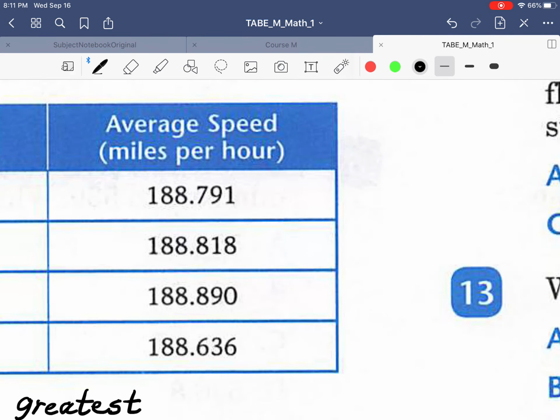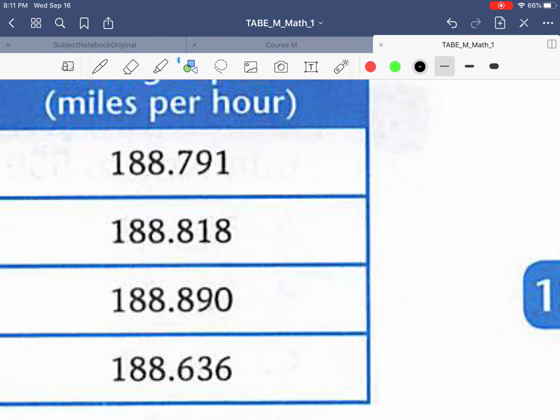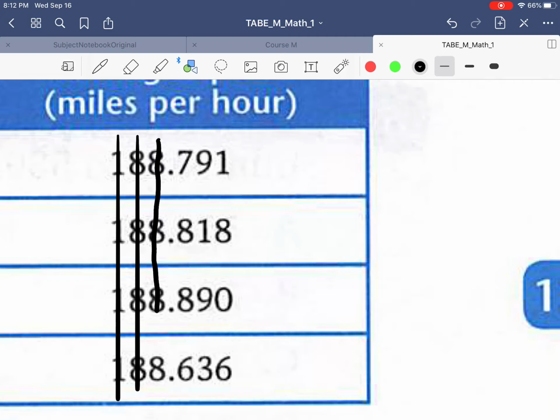And if we compare these, again, I like to do a line. The ones are all the same. The 8 and the 8, those are all the same. Okay, on this one, I have a 7, an 8, an 8, and a 6. So this is the slowest.